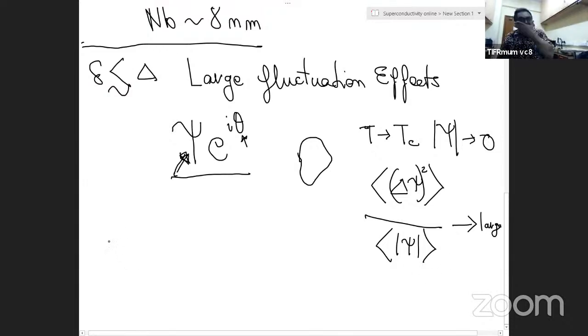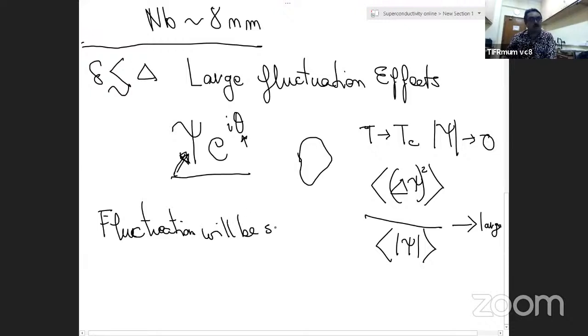So now, what you can show is that this fluctuation will be significant at small sizes.